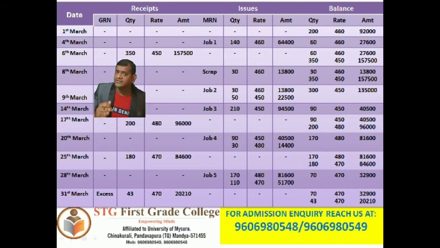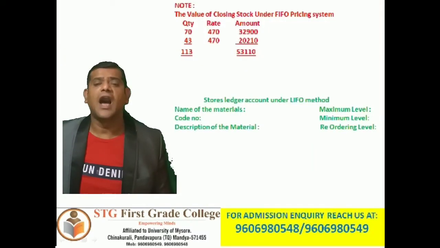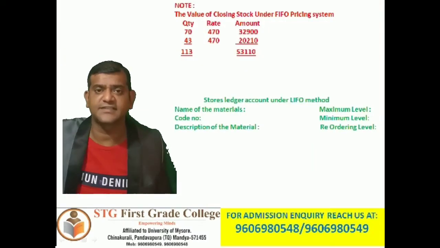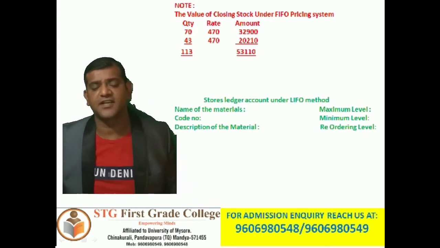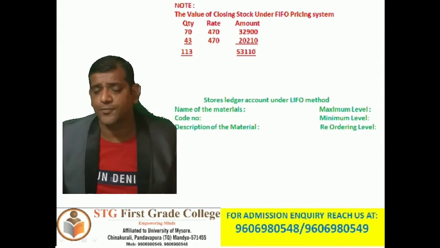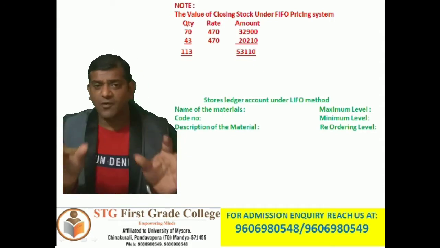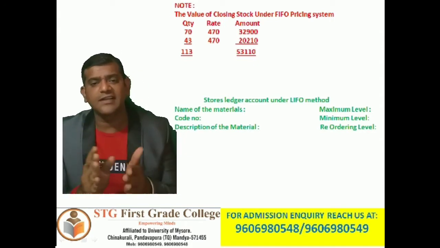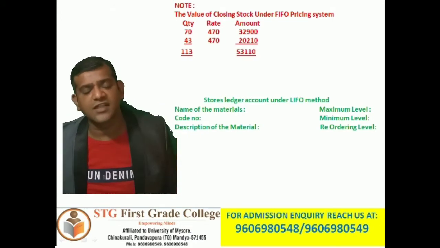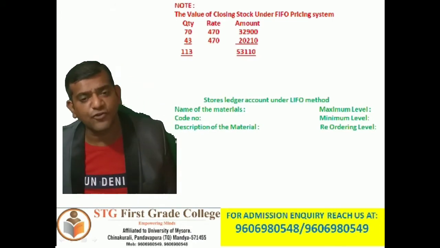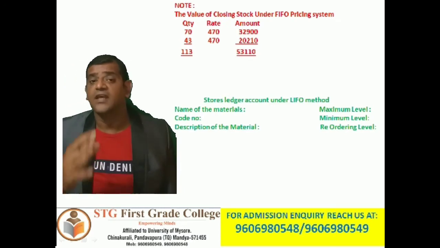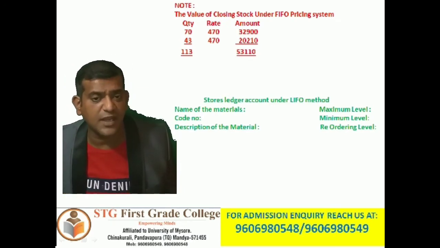So now it is time to calculate the closing stock. So note the value of closing stock under the FIFO pricing system, that is first in first out pricing system. So I have a small table, that is quantity, rate, and amount. So what is the closing balance we got? 70 tons at the rate of 470 rupees, that comes to 32,900.